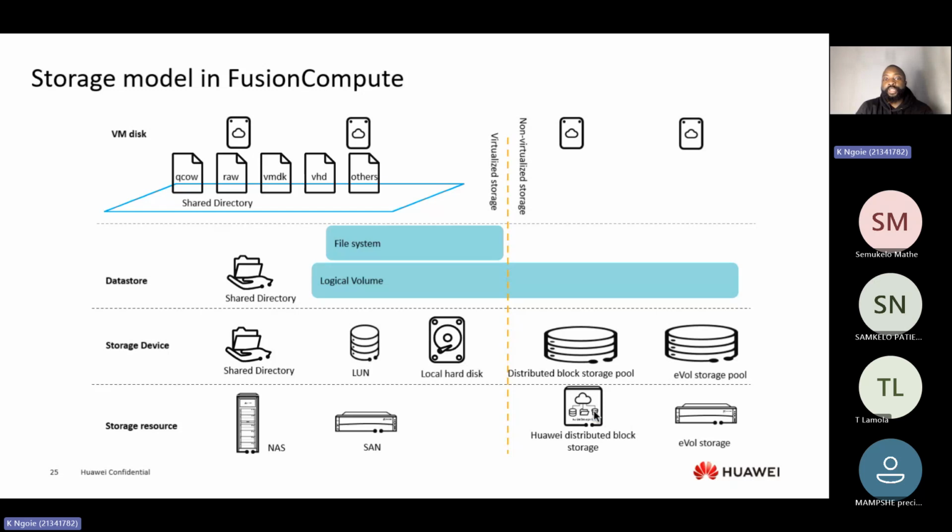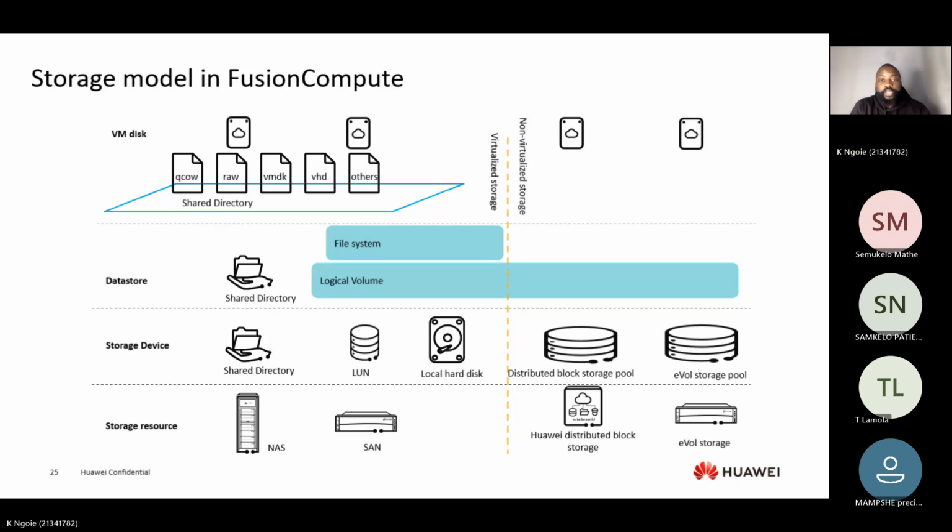But in this case, we need to understand it's providing high performance storage, which can be suitable for certain enterprises, especially enterprises involved in telecom. So just note the storage model in FusionCompute, right?